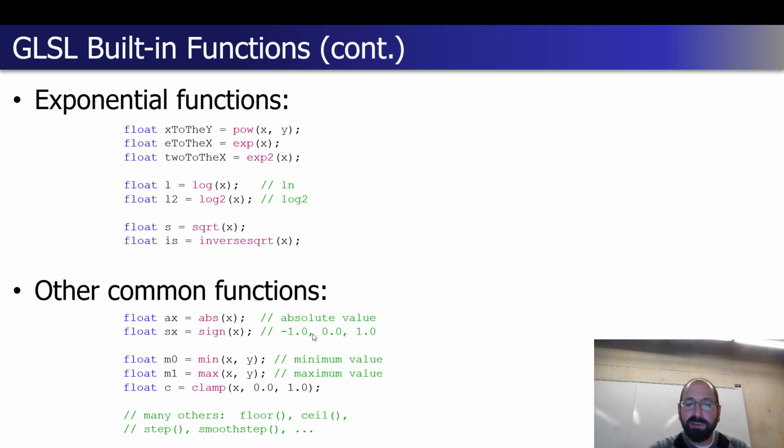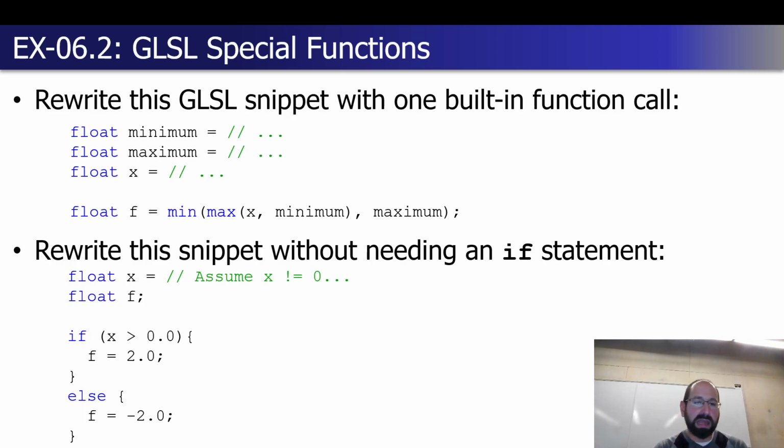Grab the sign of a particular input value, so that would return -1 for negative numbers, 0 for 0, and 1 for positive numbers. Minimum functions, maximum functions, clamping functions are a very common thing that we have to do where when we apply the math to a particular object or an attribute of our vertex, we do need to make sure the end result actually still falls within one particular range. That's a very common thing, and there's many others as well. Clamp is a very common one we see time and time again.